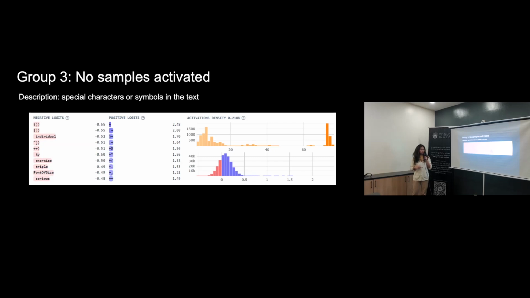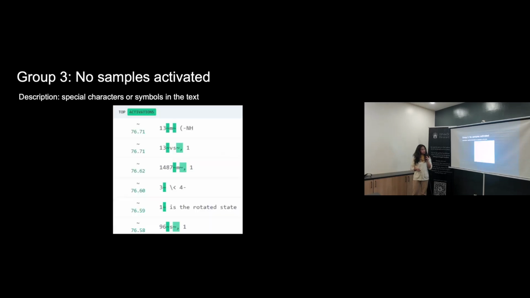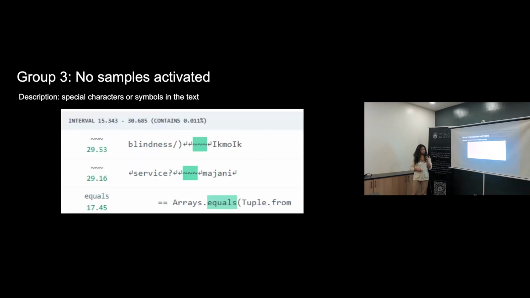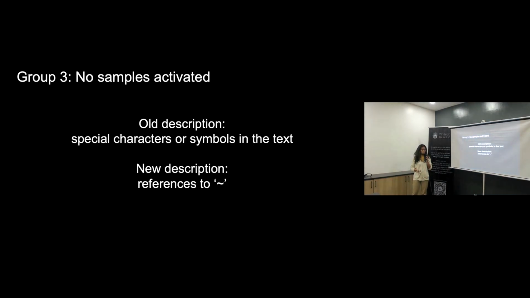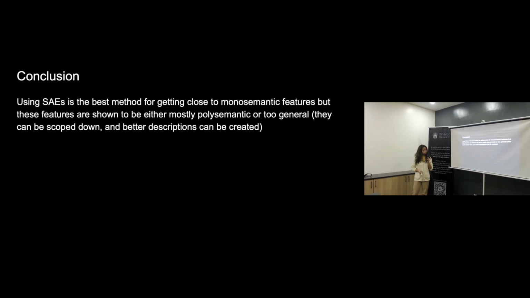I don't know if you can see it. You can see that it activates for this particular symbol for all of them there, and it activates for equals for some reason. So a better description would be that it references this rather than just special characters or symbols.